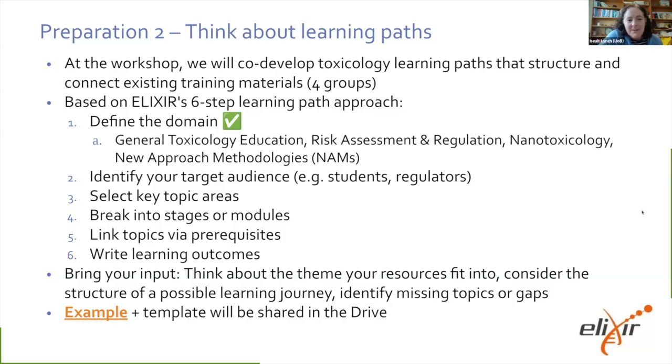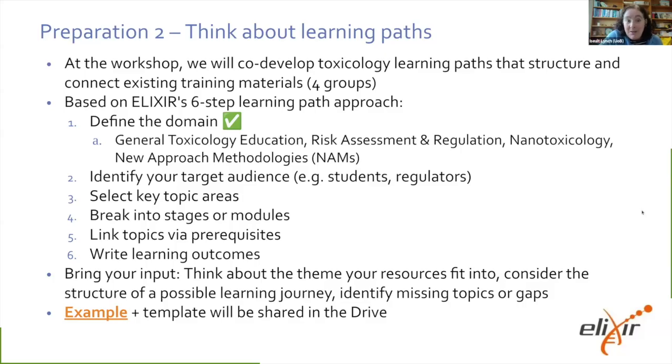First, we have to define the domain, and we have suggested, as I said, general toxicology, risk assessment and regulation, nanotoxicology, and new approach methodologies. Then we would identify the target audience, select the key topic areas we want to cover in each of the journeys, break that then into stages or modules, link topics via prerequisites, and write the learning outcomes.